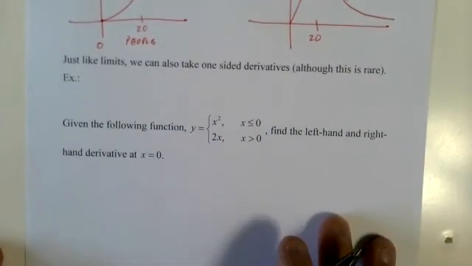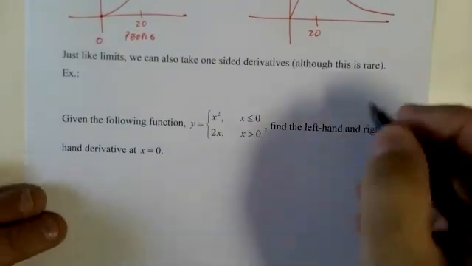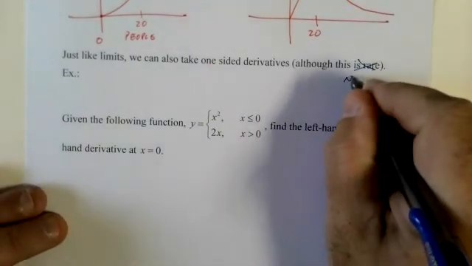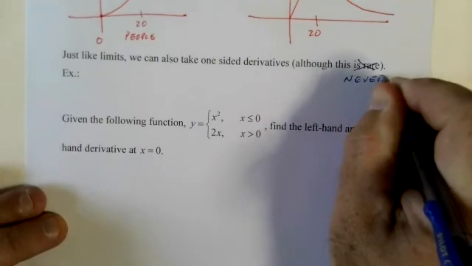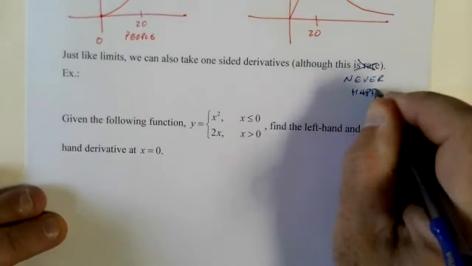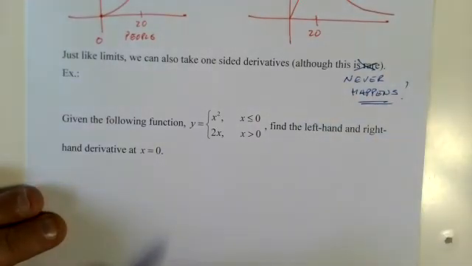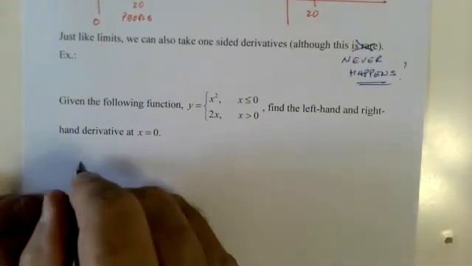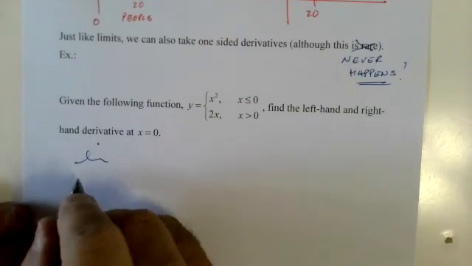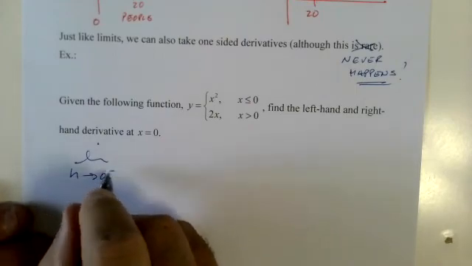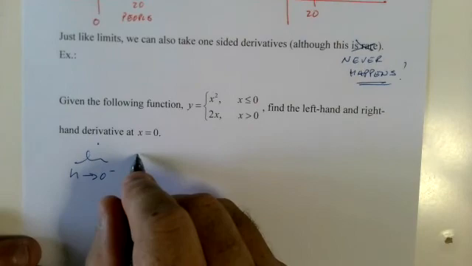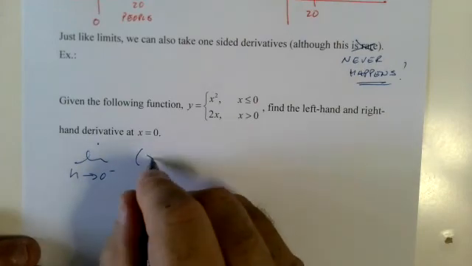All right, just like limits, we could take one-sided derivatives. It is not on the AP exam. It is not on one of my exams. But we should just be clear about it. So let's just practice one of the last few times we're gonna do this little stupid limit thing.